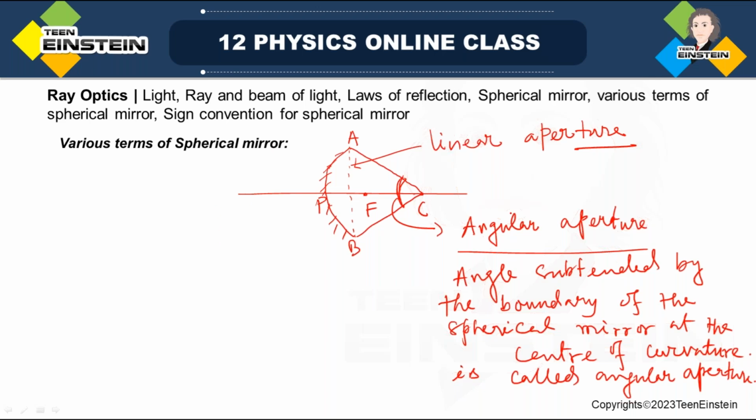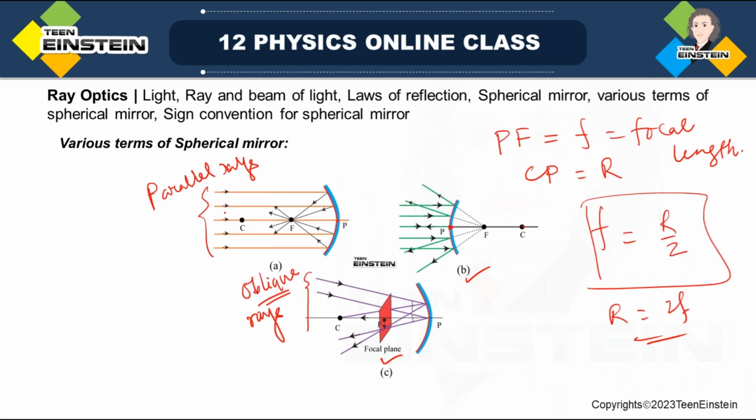These are the important parameters. One more point: the rays which are very near to the principal axis are called paraxial rays, or sometimes the paraxial approximation.